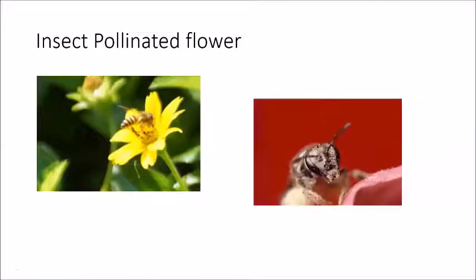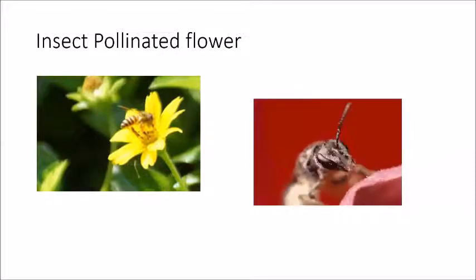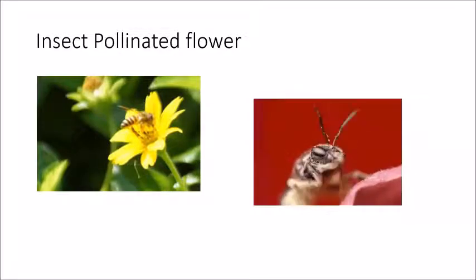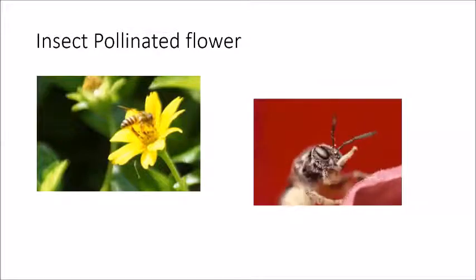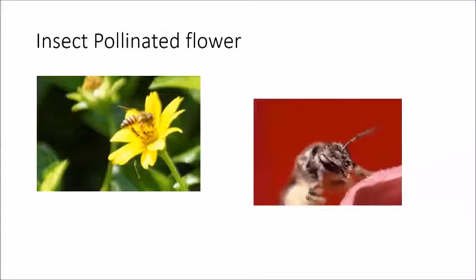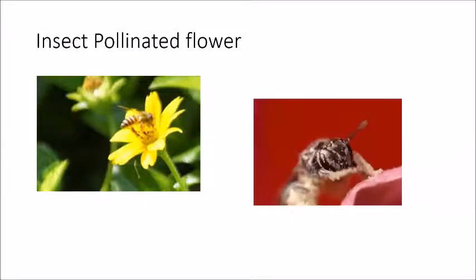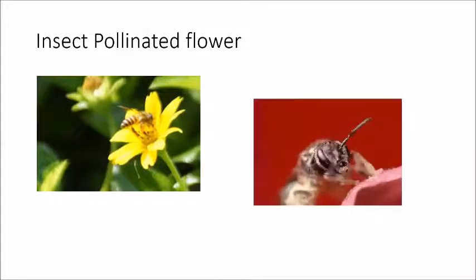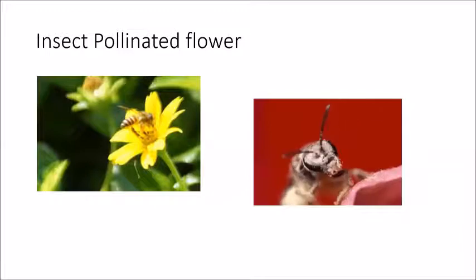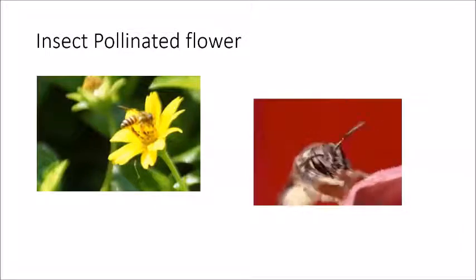All right, next we're going to talk about insect pollination. In the same way that, with wind pollination, different parts of the flower have a certain type of modification to help it pollinate itself, with plants that rely solely on insect pollination, different parts of the flower are going to have specific adaptations.